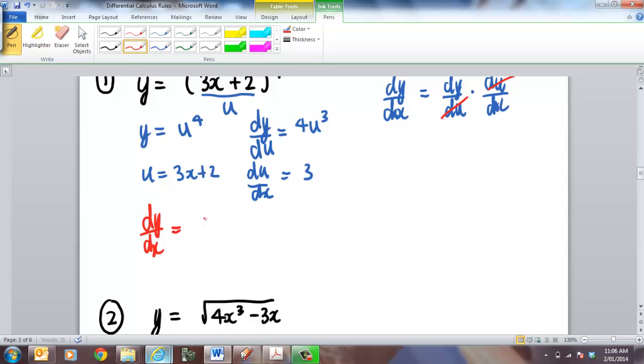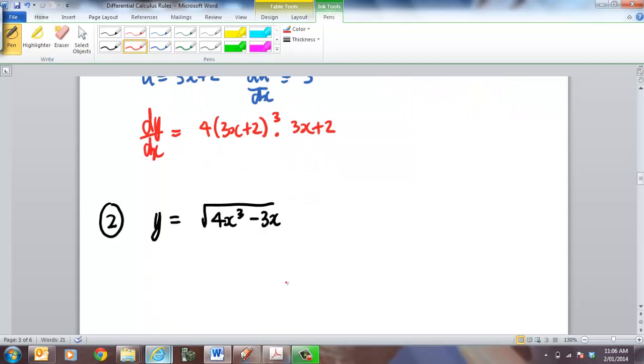Well, that's equal to 4, now u is in fact 3x plus 2, cubed, times du/dx. That's in fact equal to 3. Right, so that gives me what I'm looking for over here.